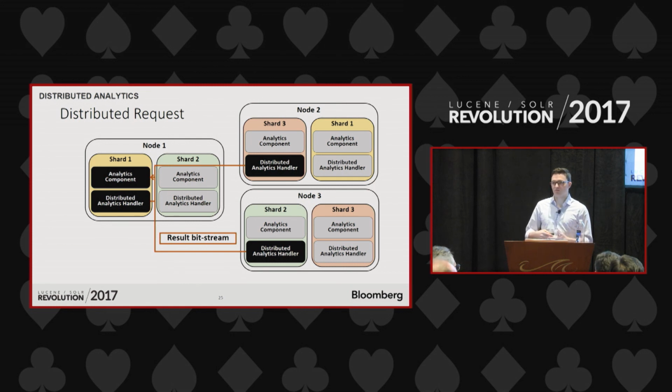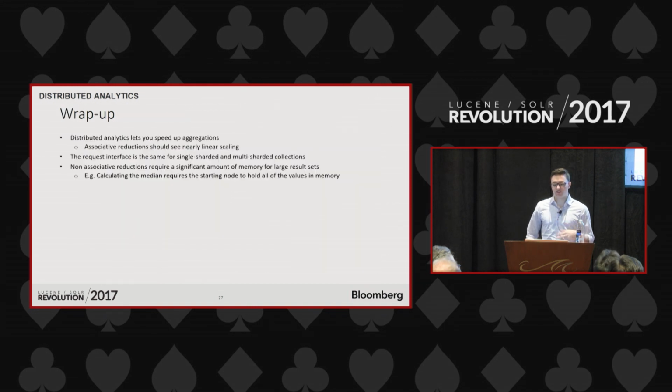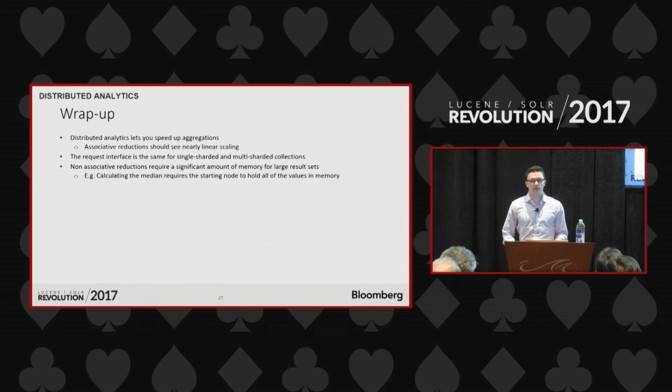Then the overall results are computed and sent back in the response. Pretty straightforward. So, in general, distributed analytics lets you compute results over large result sets, but it also lets you speed up your aggregations a lot.